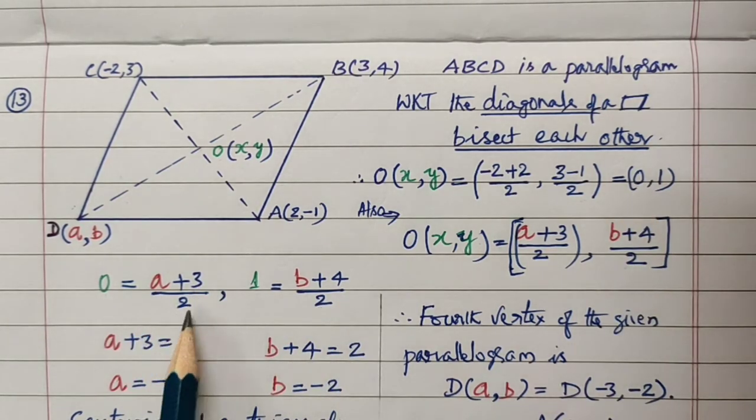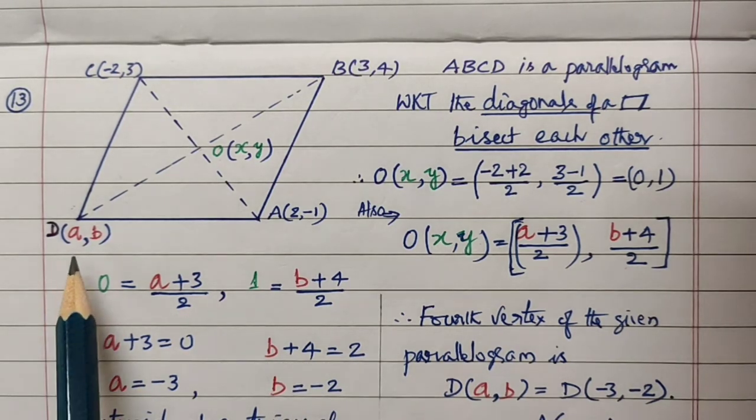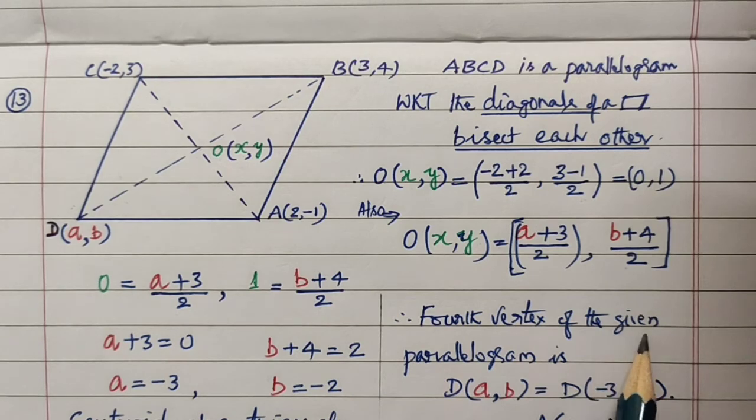Therefore a + 3 = 0, so we found the value of a as -3. b + 4 = 2, so we found b as -2. Therefore the fourth vertex of the given parallelogram is D(a, b) = D(-3, -2).